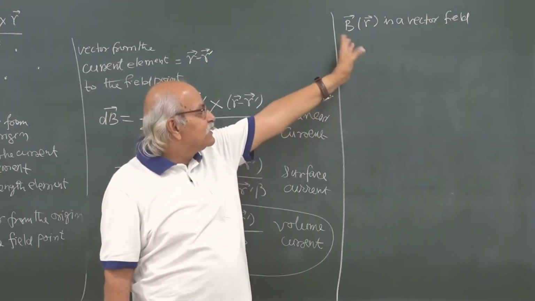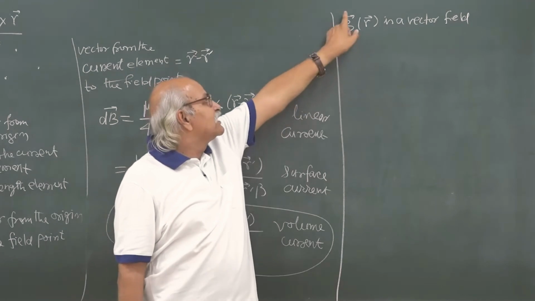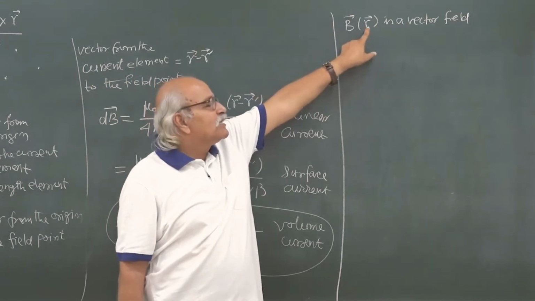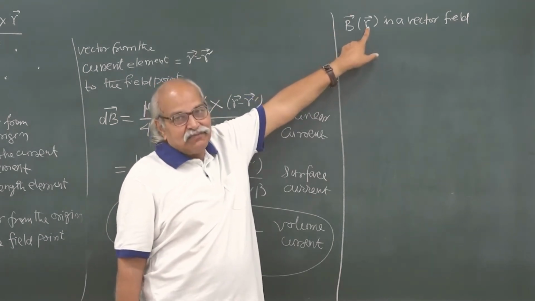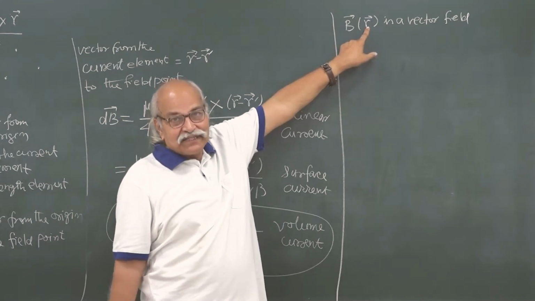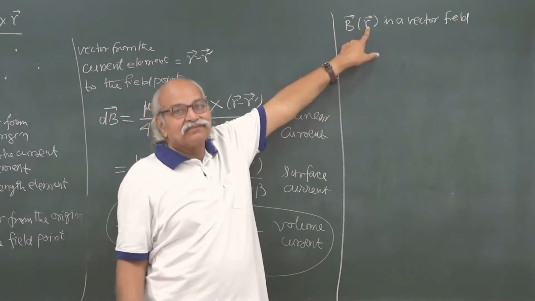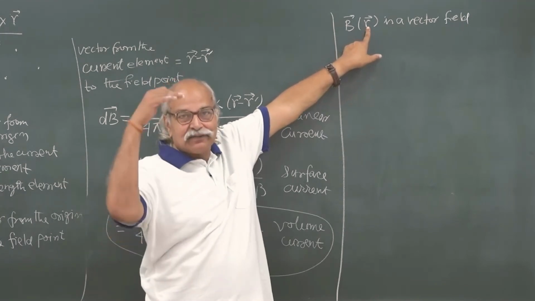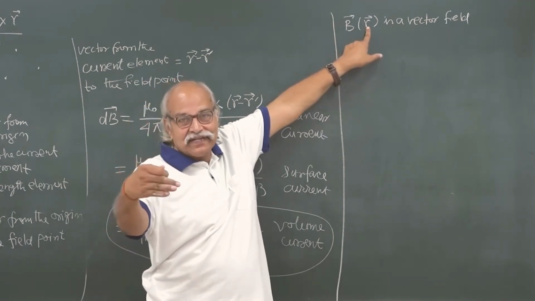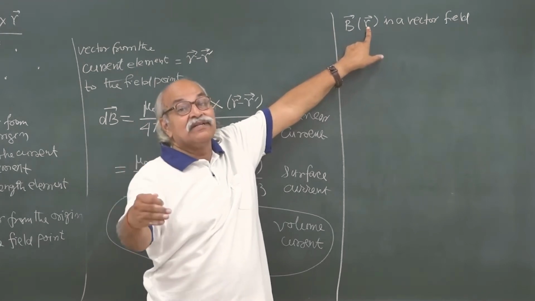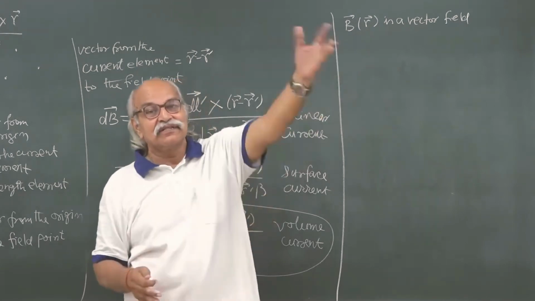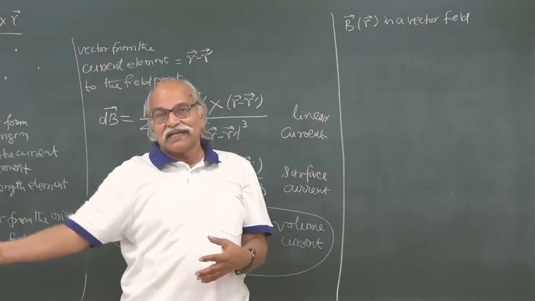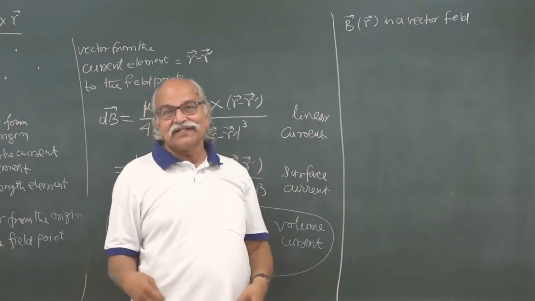You also have a scalar field, where it will be a scalar quantity which depends on position in space. For example, the temperature in this room or in this town, at different locations the temperature is different. Temperature itself is a scalar quantity, and temperature here, temperature there, so at different space points you have different temperatures.